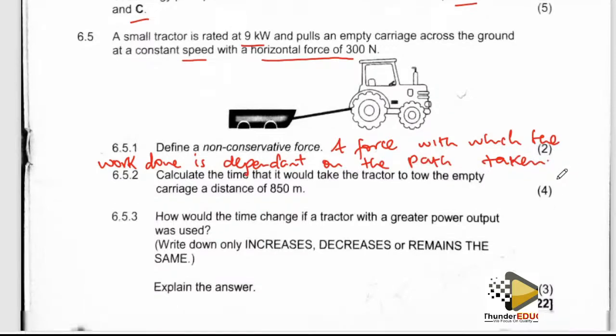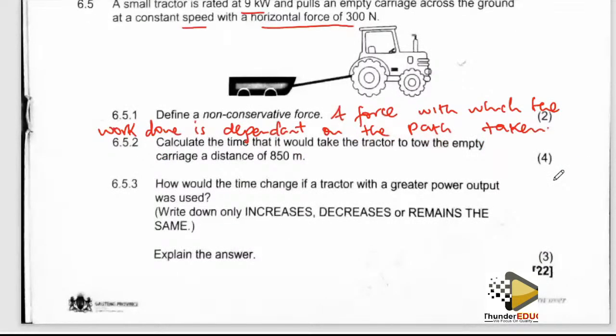And then 6.5.2, they want us to calculate the time that it will take for the tractor to pull an empty carriage for a distance of 850 meters. So we know that work done, remember we said, is F times delta X, the displacement, and then cos of the angle.